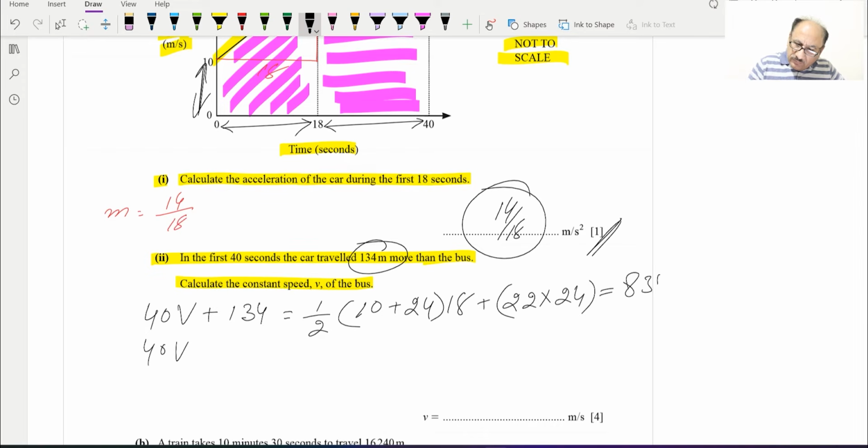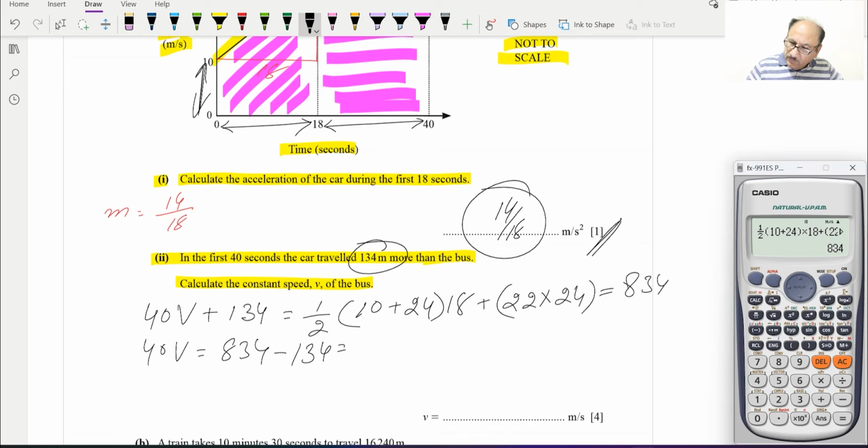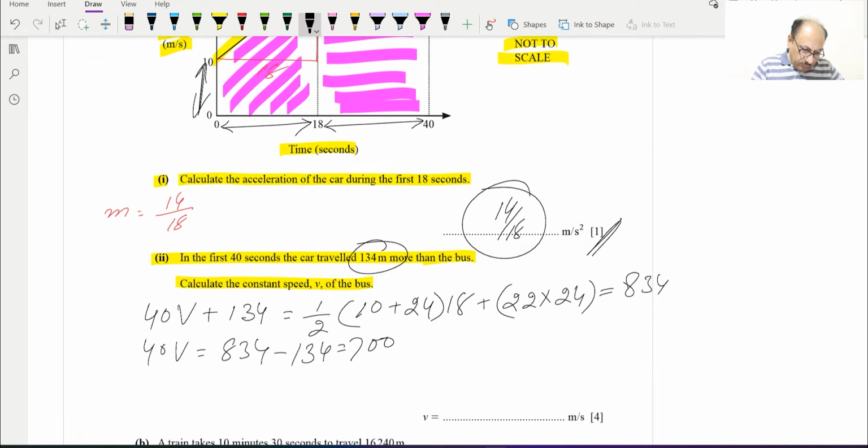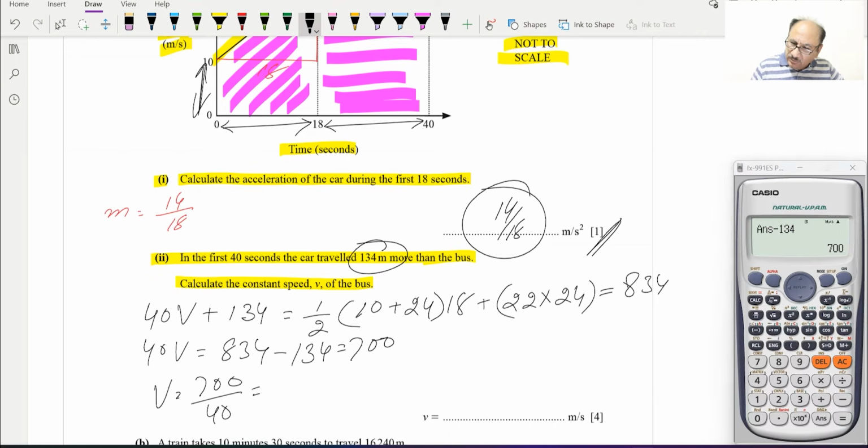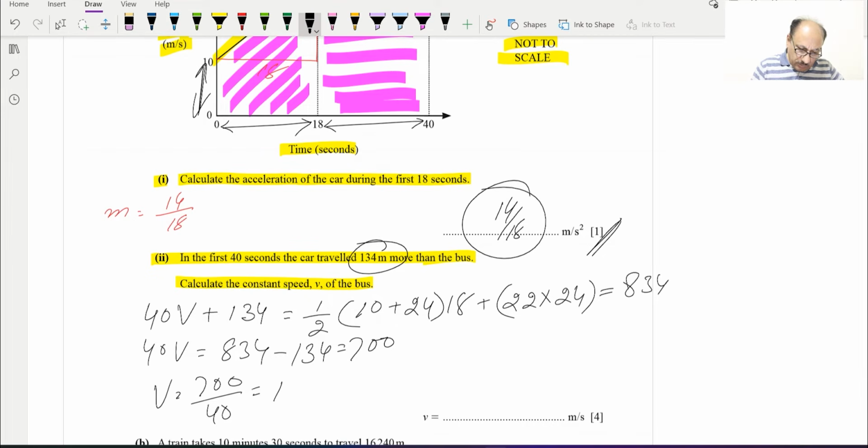So 40v will be equal to 834, and we shift 134 to the other side, so minus 134, which gives 834 minus 134 is equal to 700. So v will be equal to 700 divided by 40, which gives us 17.5. So 17.5 meter per second is the answer for this one, which is for 4 marks.